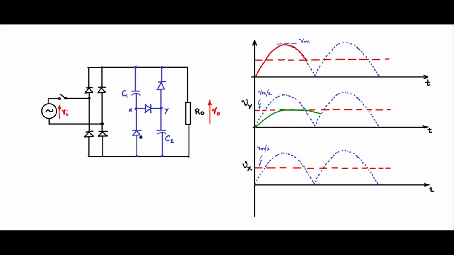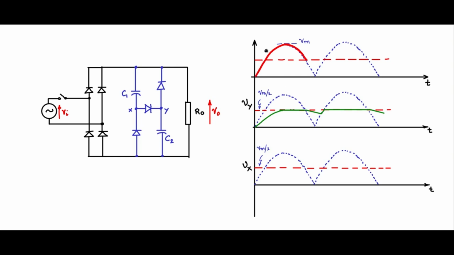C1 will discharge in this fashion, C2 will discharge in this fashion, till it reaches this point when the input mains crosses this, and these diodes will conduct, and again the cycle will repeat. So this will conduct here, and once the C1 and C2 charges are replenished, it will go and stay at the Vm by 2 level. And this continues in this fashion.